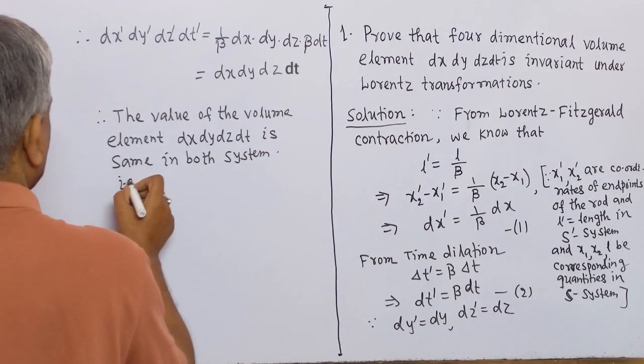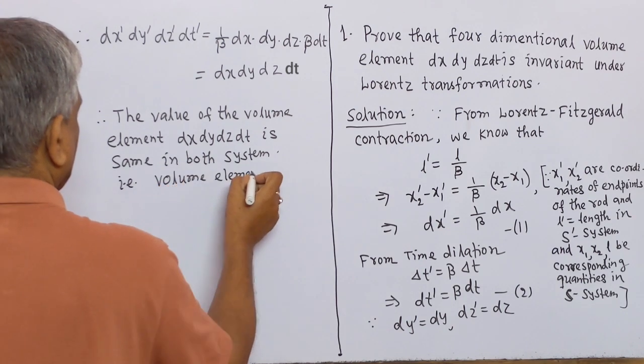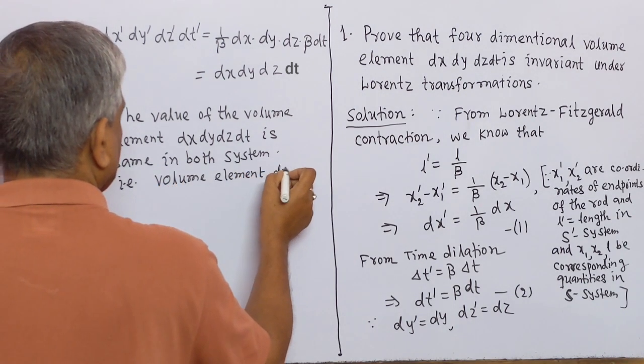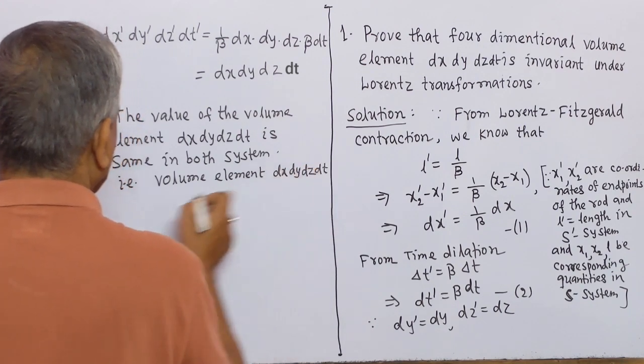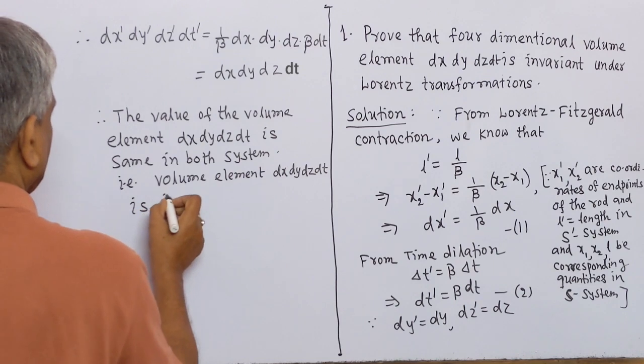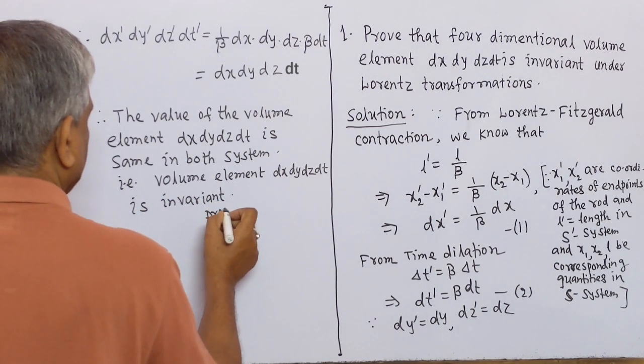That is, the volume element dx dy dz dt is invariant. Proved.